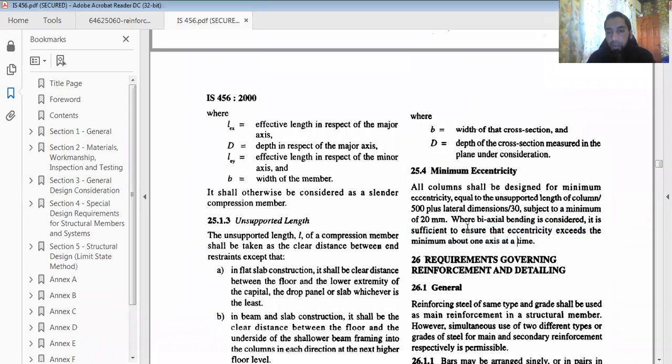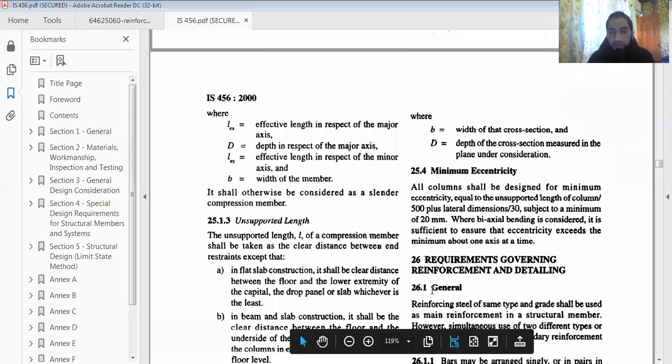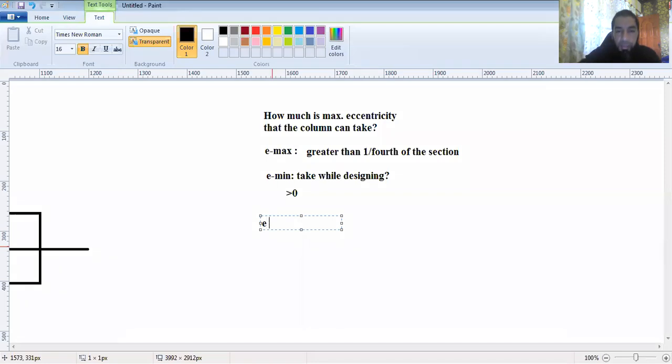So the code mentions that you provide eccentricity at least equal to e minimum is at least equal to L by 500 plus D by 30.